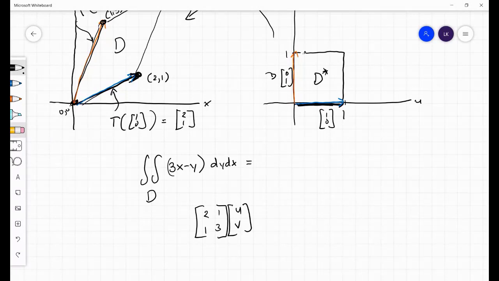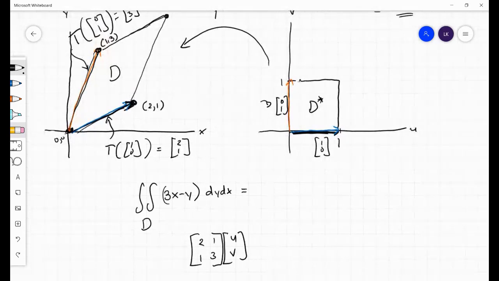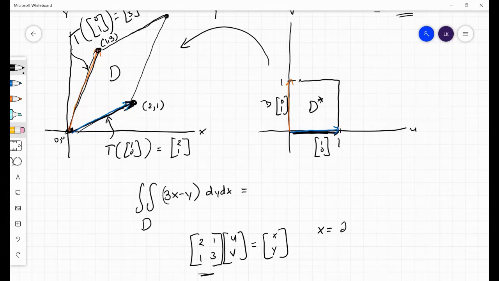If you recall, every linear transformation has a matrix representation, and you just need to know how the standard basis vectors are transformed. Explicitly, by doing the multiplication, x is equal to 2u plus v, and y is equal to u plus 3v.